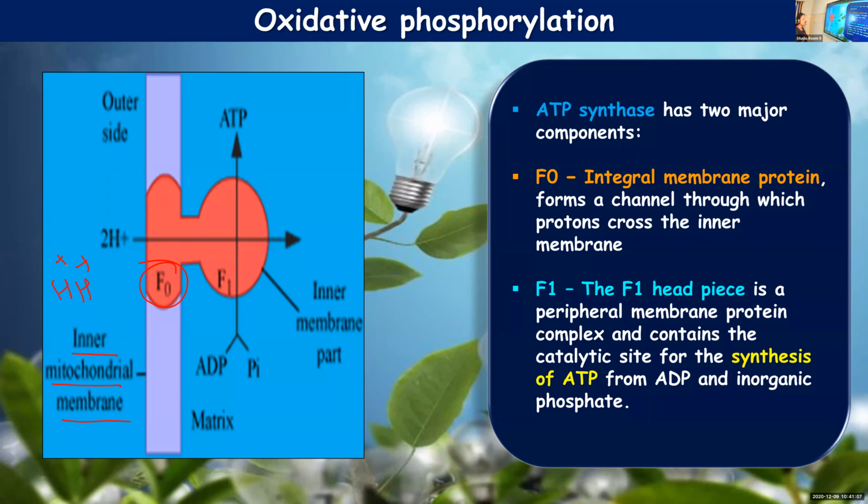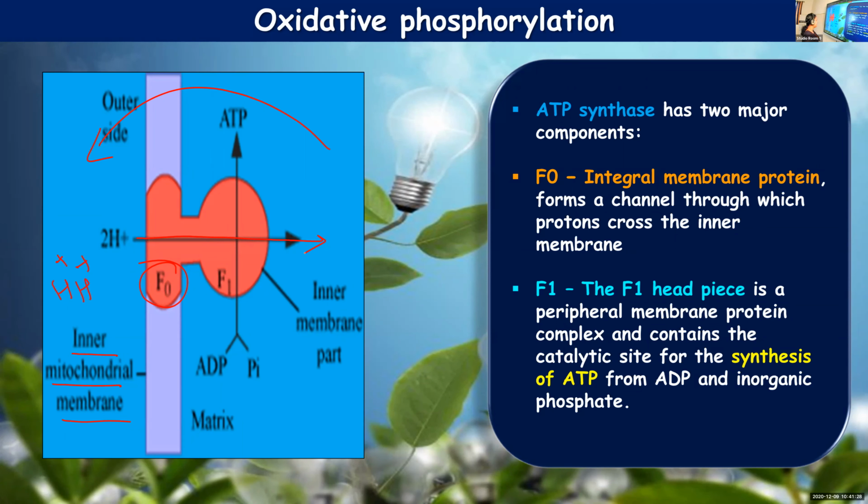Utilizing the energy released by the transfer of electrons, protons will be pumped from the matrix into the intermembrane space, so here the concentration will be more. So this F0 acts as a channel through which protons can again come back to the matrix.